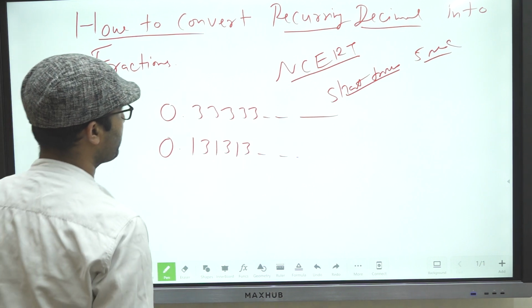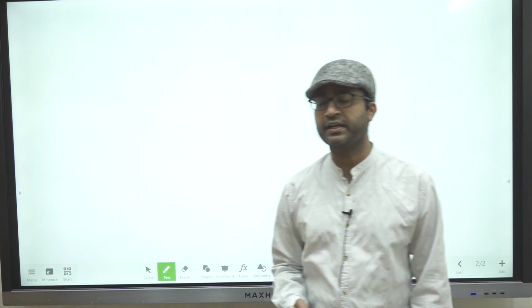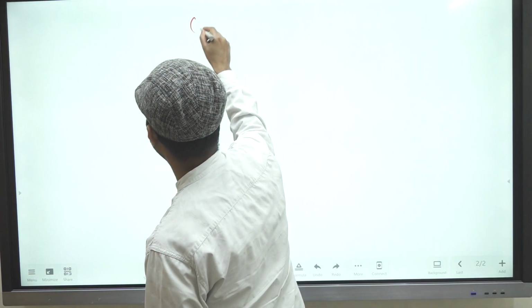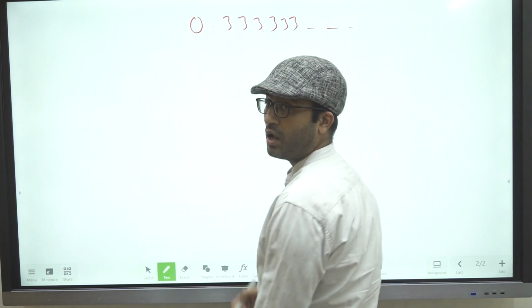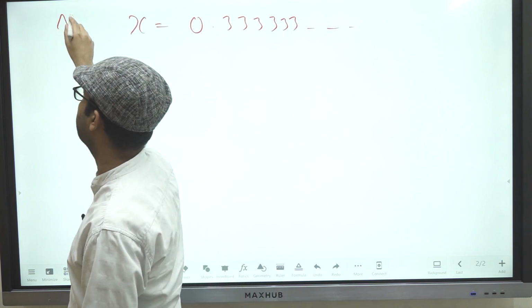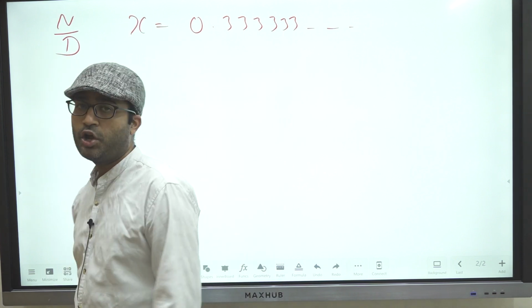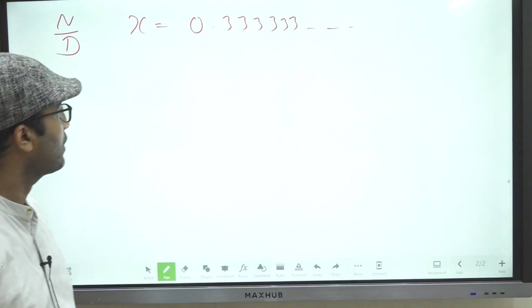For example, the recurring decimal 0.333333. We take it as x. We have to find the fraction value, numerator by denominator, for this.